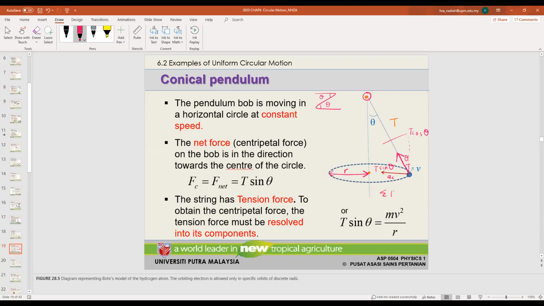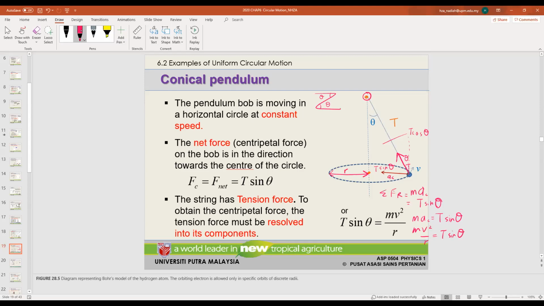So in your condition, Fr, the net force in the radial direction, is equal to mass times centripetal acceleration. And the force acting in the radial direction is T sine theta, because T sine theta points towards the center. So now you have an equation: MAC equals T sine theta, or mv squared over r equals T sine theta.